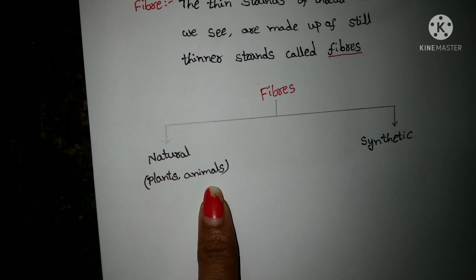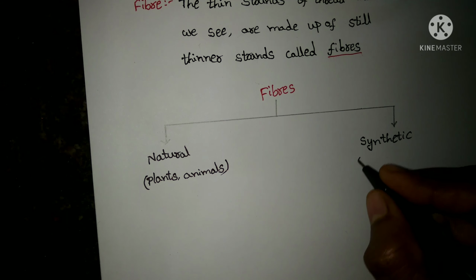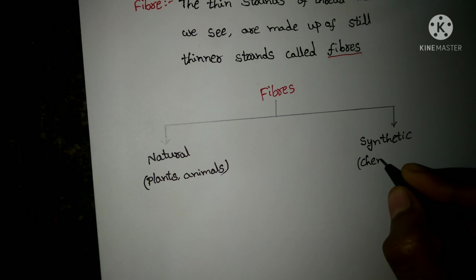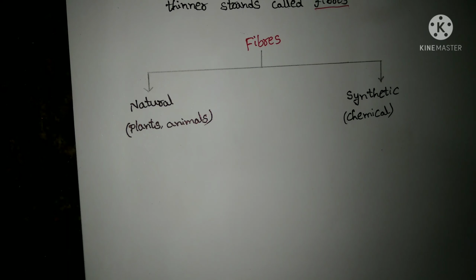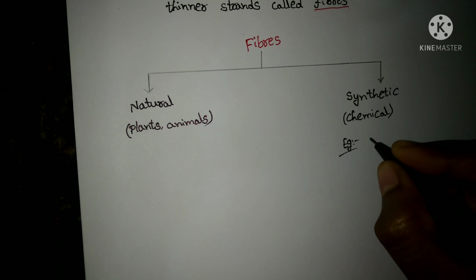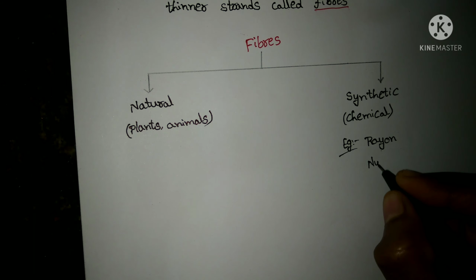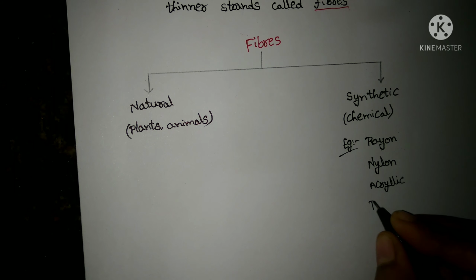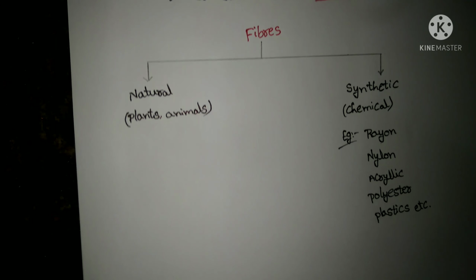Synthetic fibers are prepared by using chemicals in a laboratory. Examples of synthetic fibers are rayon, nylon, acrylic, polyester, and plastics, etc. All these are examples of synthetic fibers.